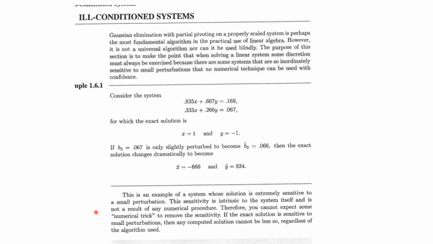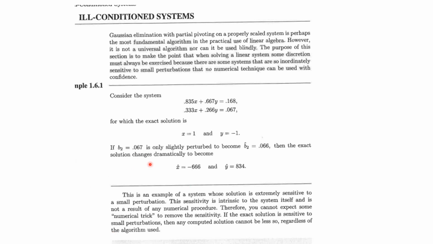This sensitivity is intrinsic to the system itself and is not the result of any numerical procedure. Therefore, you cannot expect some numerical trick to remove the sensitivity. If the exact solution is sensitive to small perturbations, then any computed solution cannot be less so, regardless of the algorithm used.